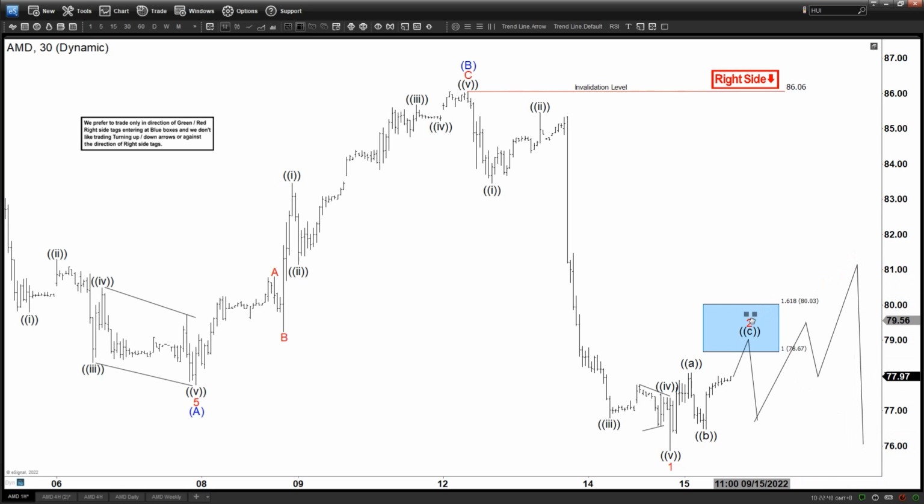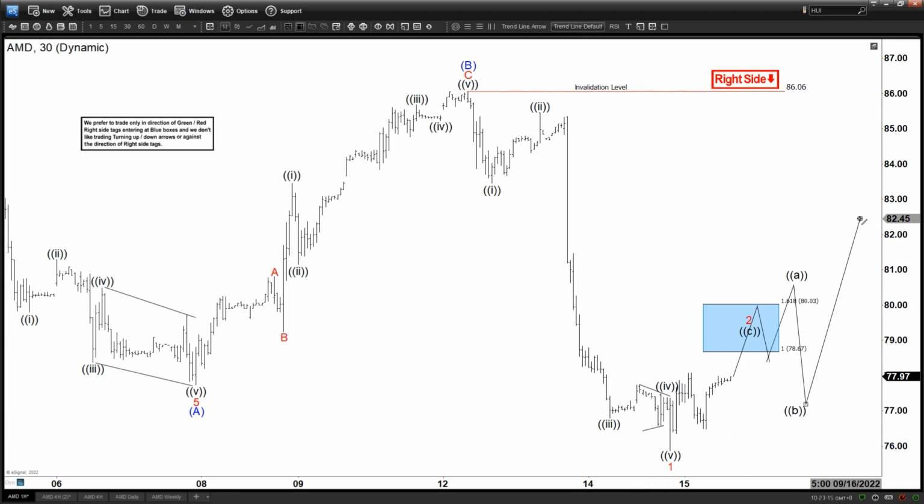All right, and there is yet another possibility in which the rally becomes 5 waves up, 1, 2 and then 3, 4, 5, and that 5 waves is going to be ending A of 2, and then you get B. So this 1, 2, 3, 4, 5 ending A of 2, and then you get a B, and then you get a C before going down.